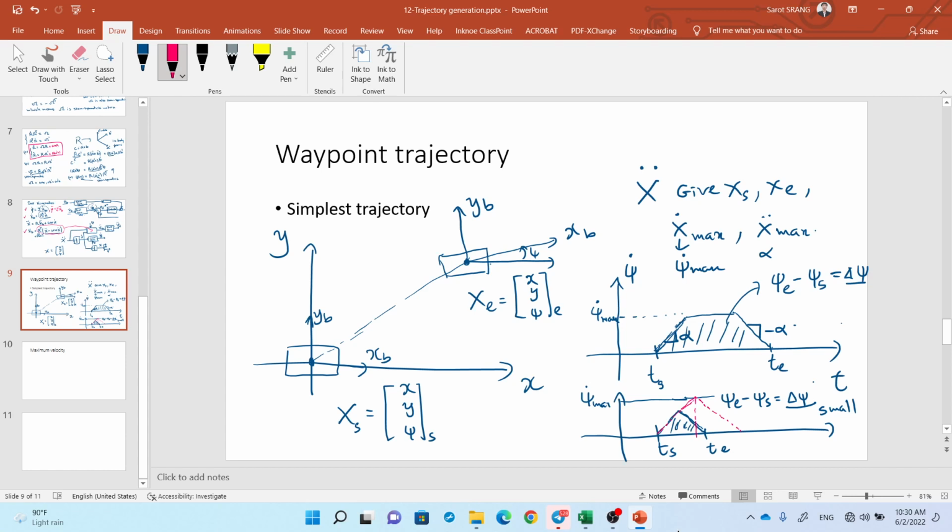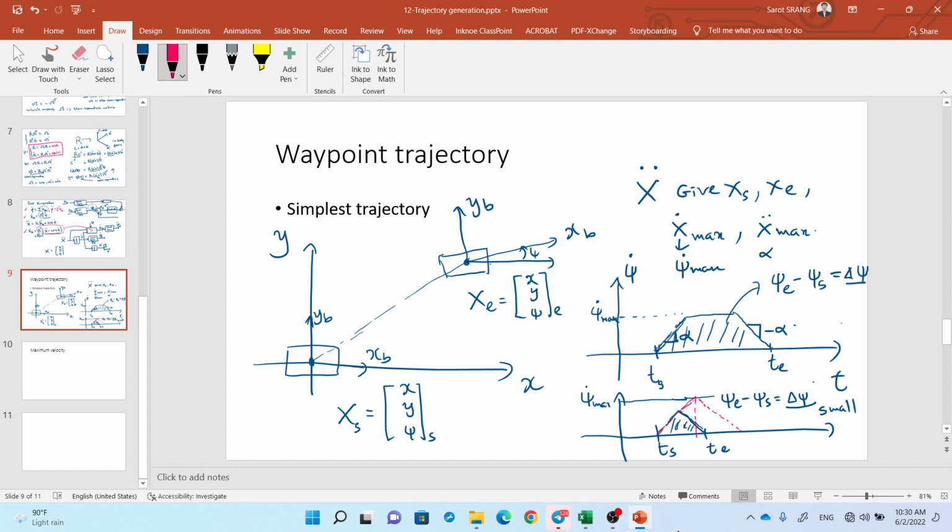So it's just one half of this side times this. We have two already, and then the rest, two times psi dot max.